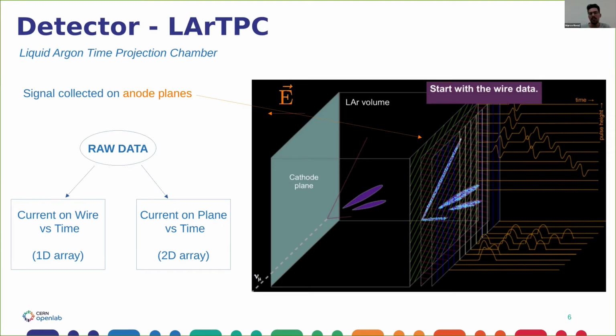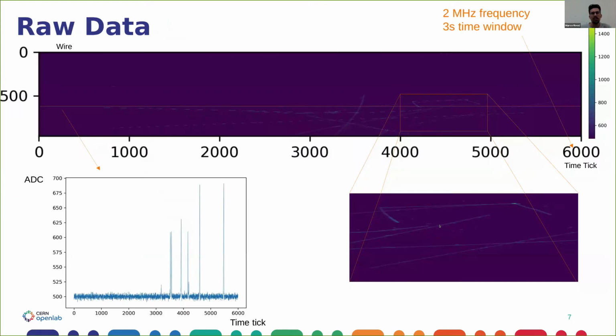On the other hand, we could have a two-dimensional view of this raw data, that is the whole number of wires inside each plane against the time on the other axis. So we prefer using in our models the raw data in the two-dimensional view, but sometimes it's useful also to see what's happening in the one-dimensional one.